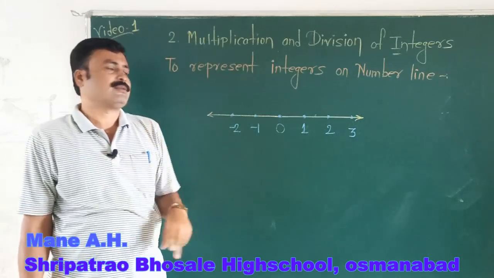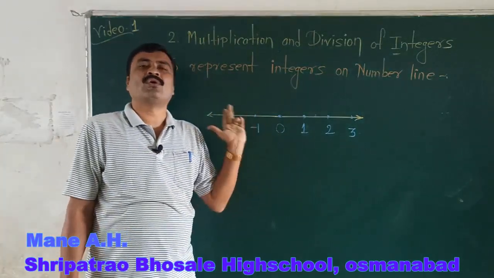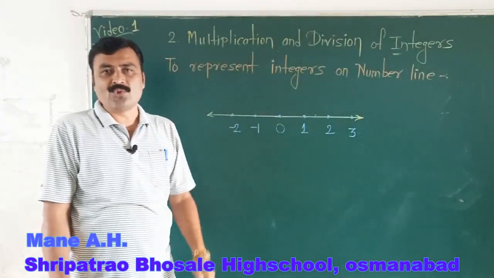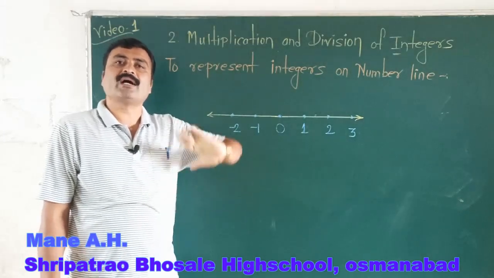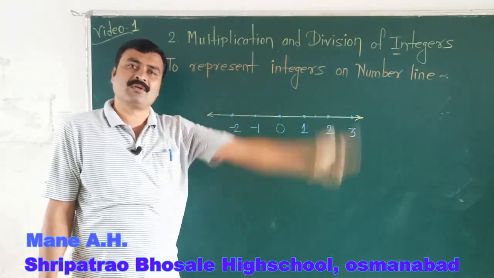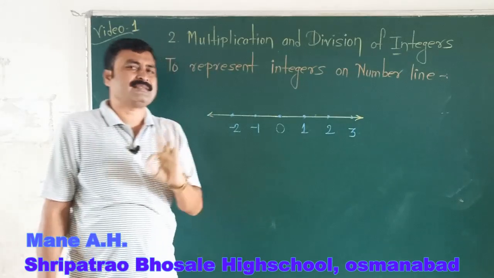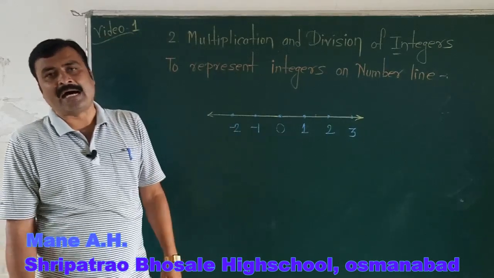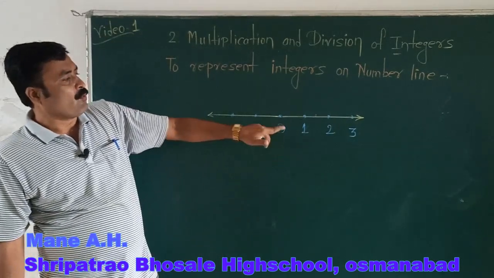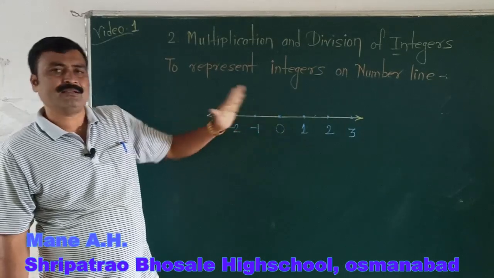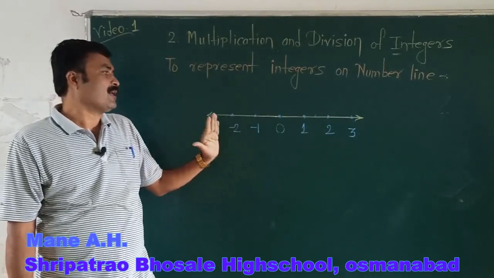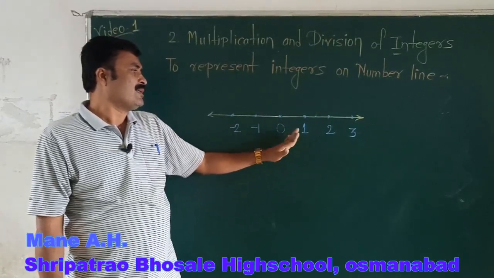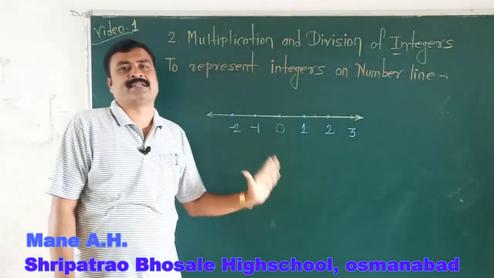Second sentence: 0 is always greater than negative integers. शून्य हे ऋण पूर्णांकांपेक्षा कधीही मोठे असतात. Third sentence: all negative integers are smaller than positive integers and 0. सर्व ऋणपूर्णांक संख्या या धनपूर्णांक व शून्य यांच्यापेक्षा लहानच असतात.